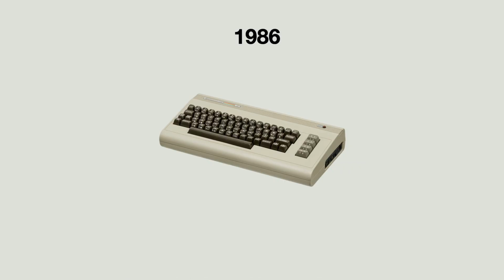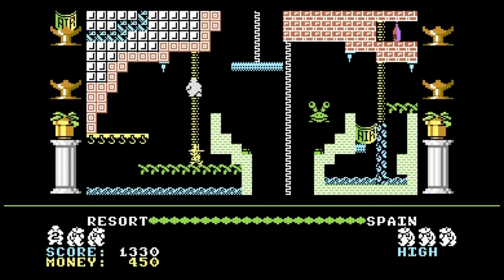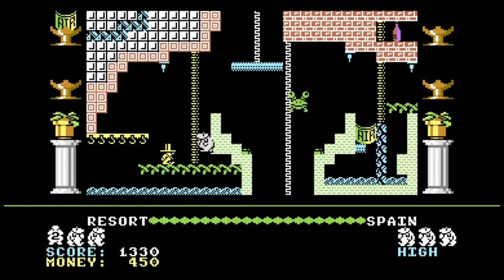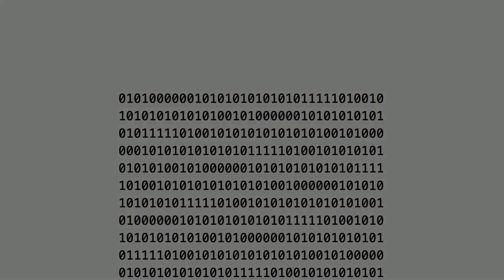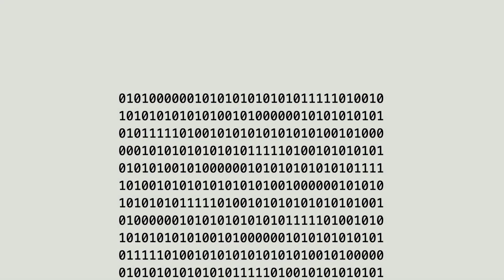Let me take you back to 1986 and start up my Commodore 64. In its memory, I want to store a number ranging from 0 to 255. Here you see the binary representations of the numbers 0 to 255.